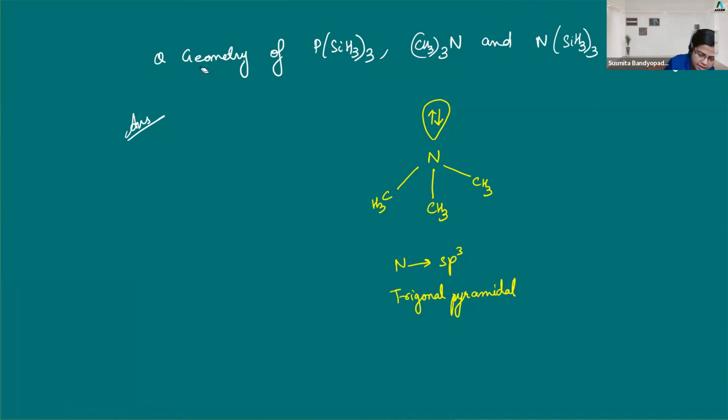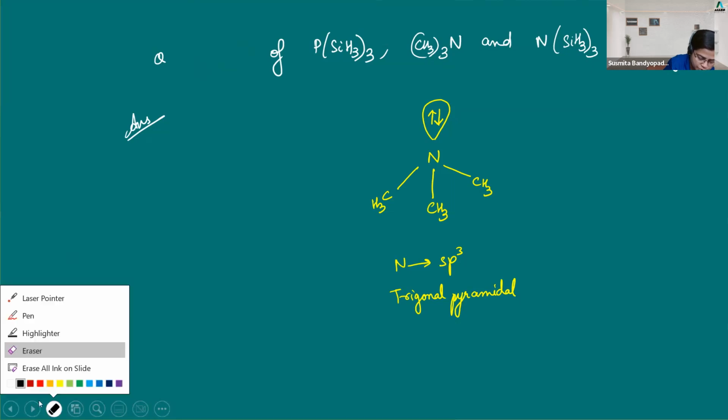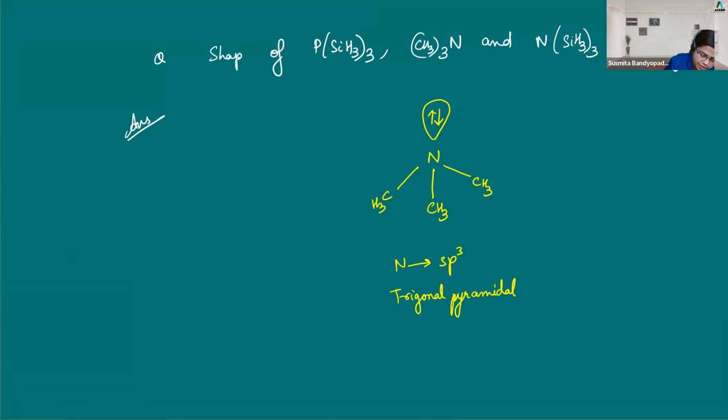More specifically, let's talk about shape and geometry. Now next. Nitrogen says I have a lone pair again. Silicon says yes, I have 3p here and 3d here. I have a place where I can accept the lone pair.